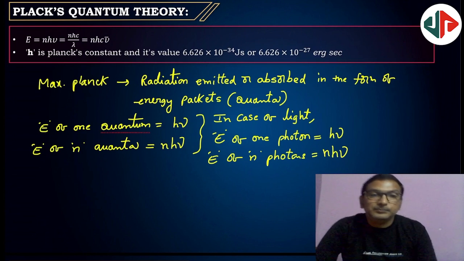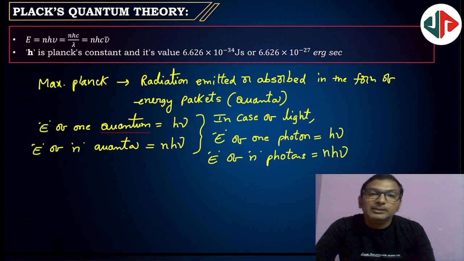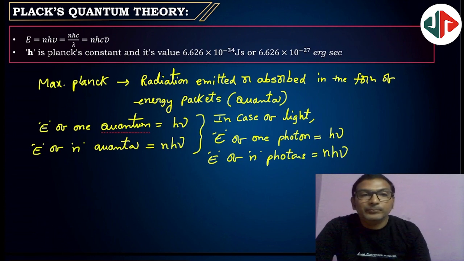Remember these two. Material particles are quanta and light particles are photons. In case of matter, we can use quantum or quanta. In case of light, we can take photon or photons. So photon or photons are light particles. Quantum and quanta are material particles.